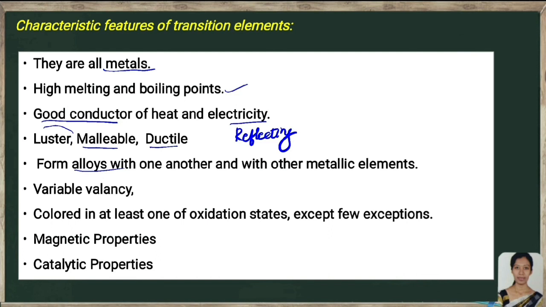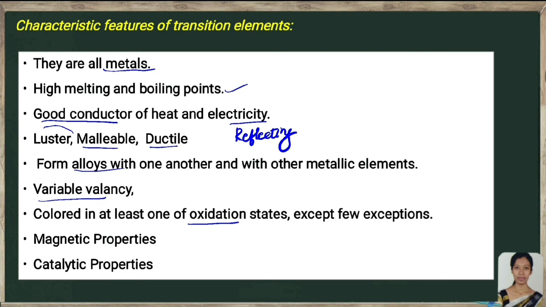Because of the presence of unpaired electrons, these show variable oxidation states. Because of the presence of partially filled d electrons, these show variable valency or variable oxidation state. Because of the presence of these unpaired electrons, these can absorb energy in the visible region, so that these can form colored complexes. Because of these unpaired electrons, they are magnetic, ferromagnetic.